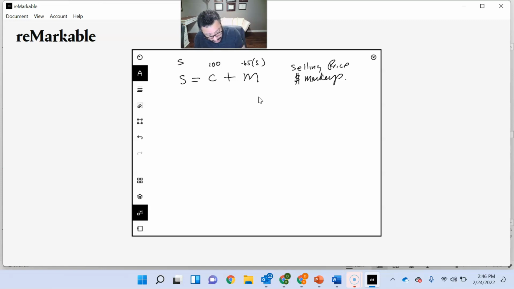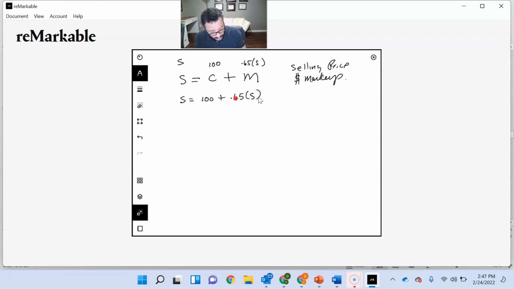So now we have a new formula: S equals 100 plus 0.65S. Now we need to get these S's by themselves. Before we do anything, we want to bring this over.